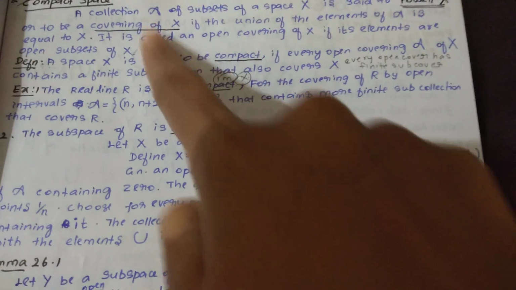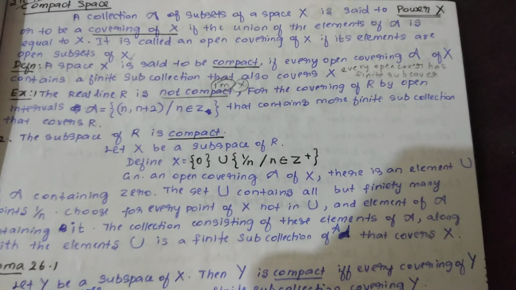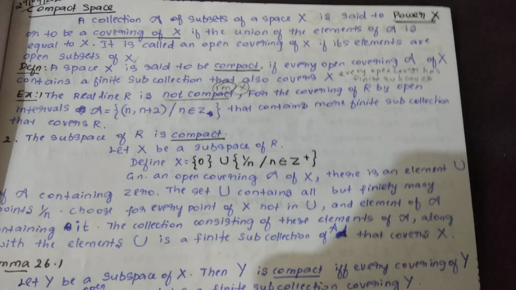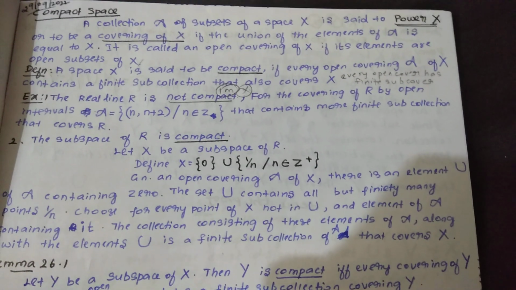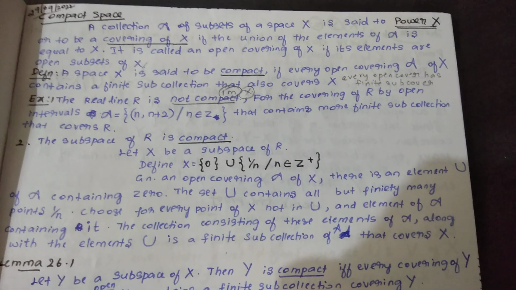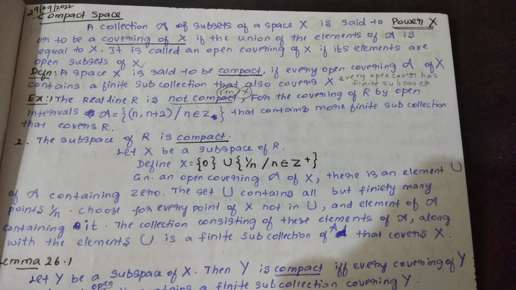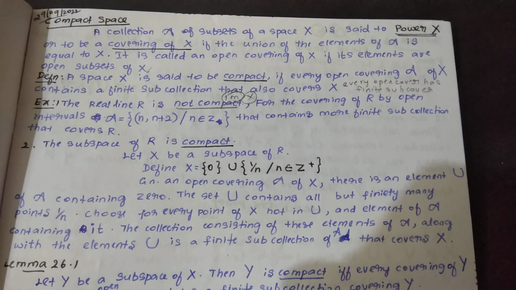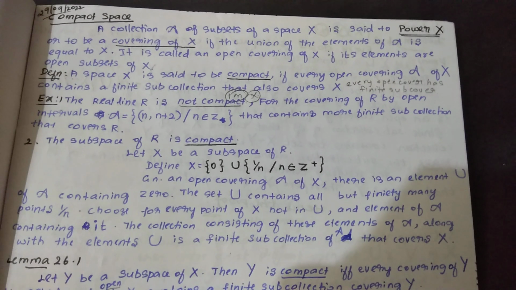The space X is said to be compact if every open covering script A of capital X, that is, inside X, the topological space, you will have so many open coverings, that is, every open covering contains a finite subcollection. We know that in an open covering there is a finite number of elements, a finite number of subsets, right?